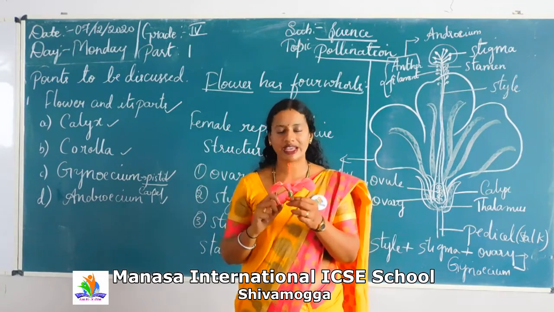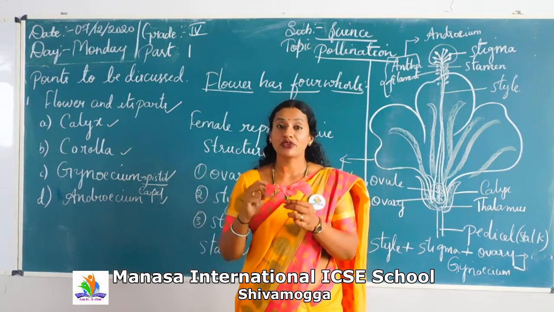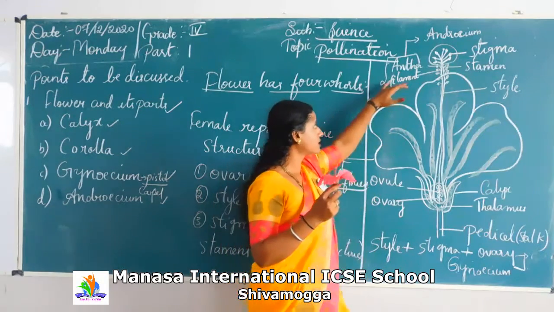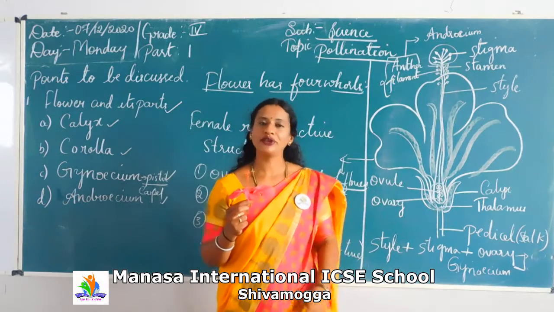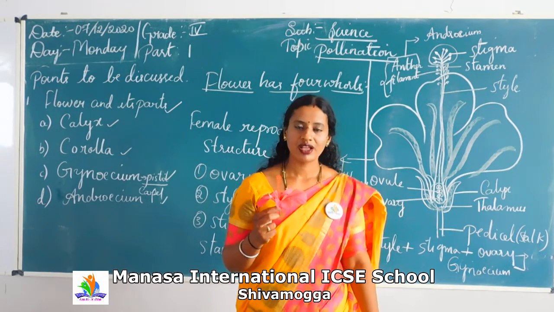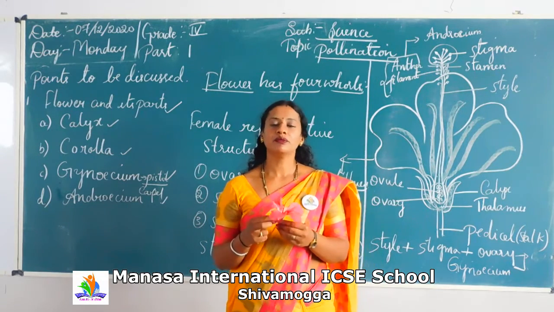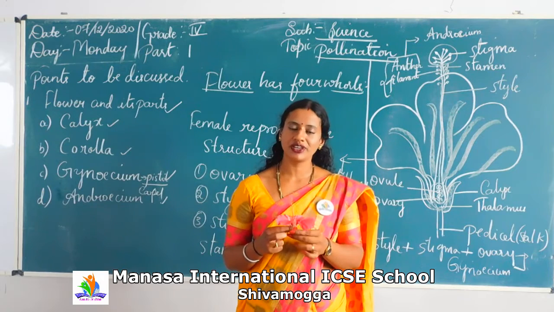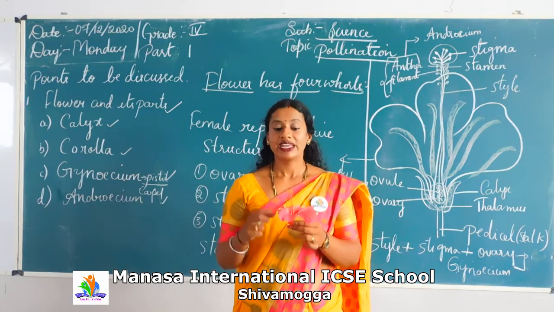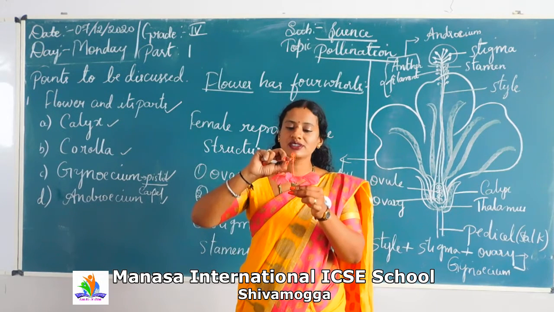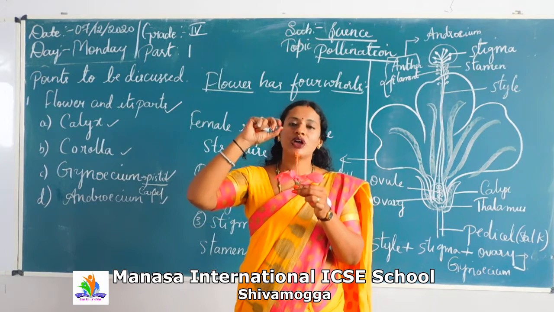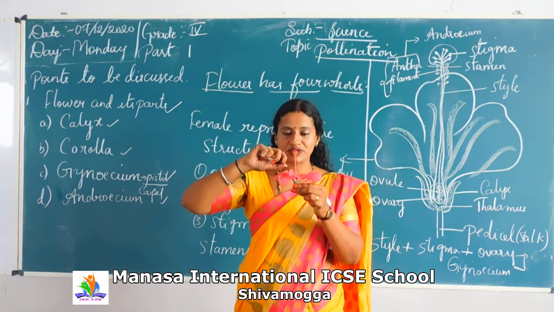The fourth whorl is the androecium, the male reproductive structure in the flower. It consists of stamens, which have anther and filament.